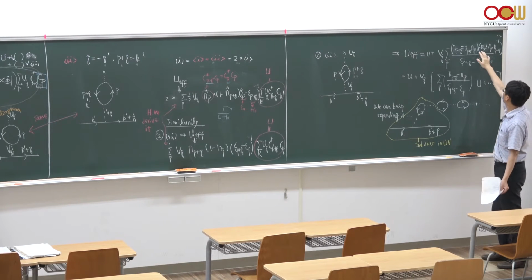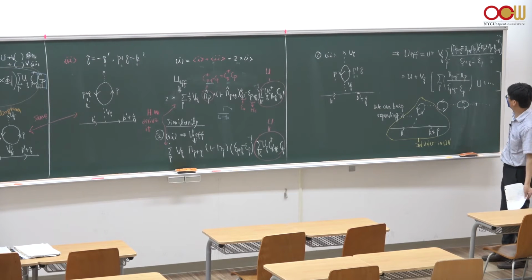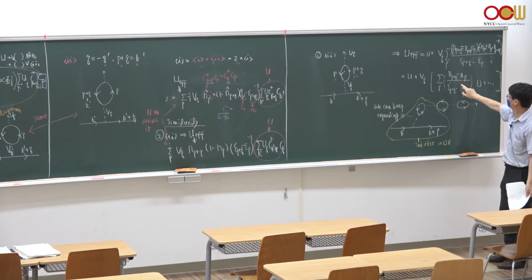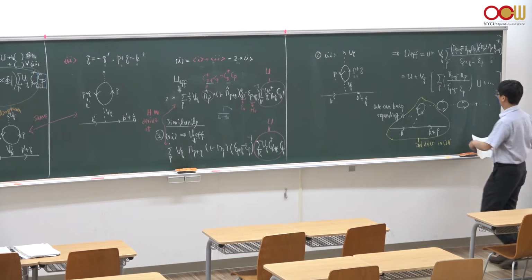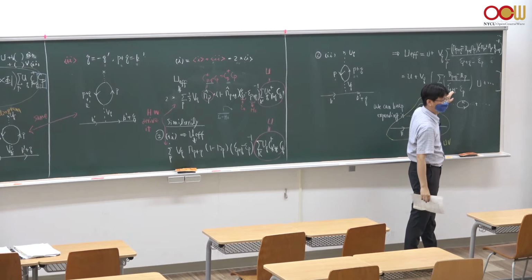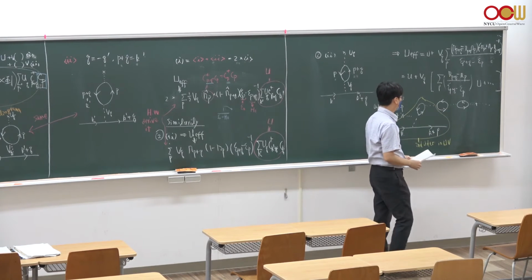We could expand the numerator, cancel two of these terms, and get this simplified result, where in the numerator we get the occupation number operators n p plus q minus n p, and energy denominators epsilon p plus q minus epsilon p, where this epsilon refers to the free electron kinetic energy.